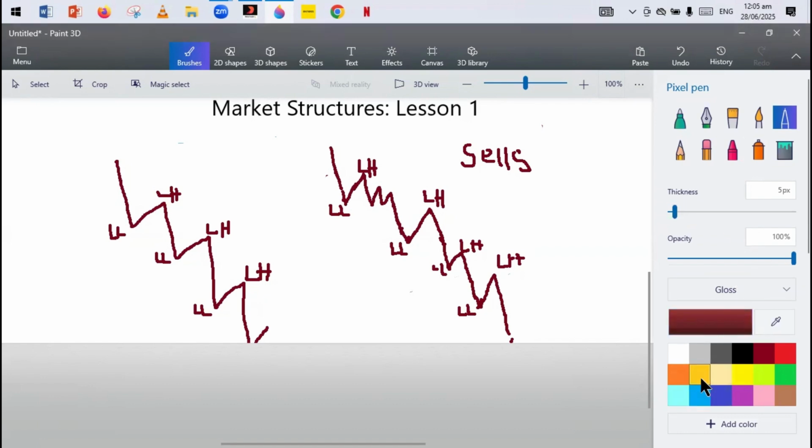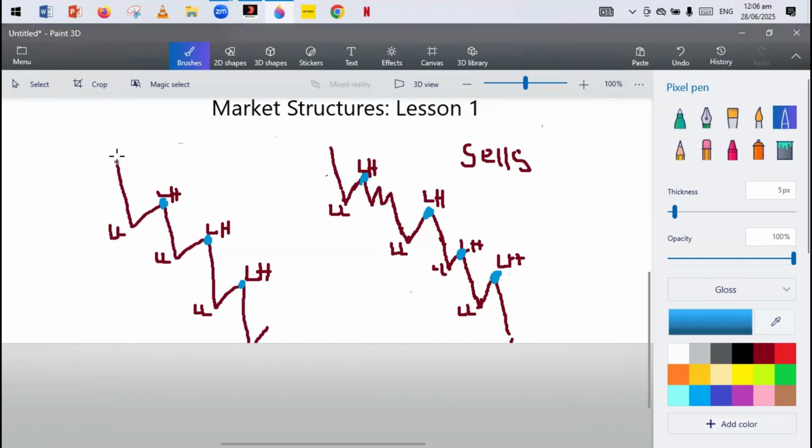And in a selling market, we place our entries at the lower highs. That is where you sell. In a downtrend, we sell at the lower highs, like that.